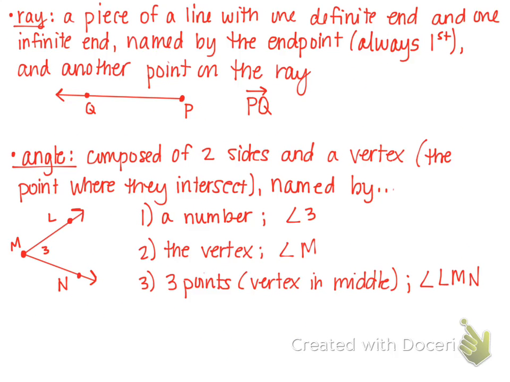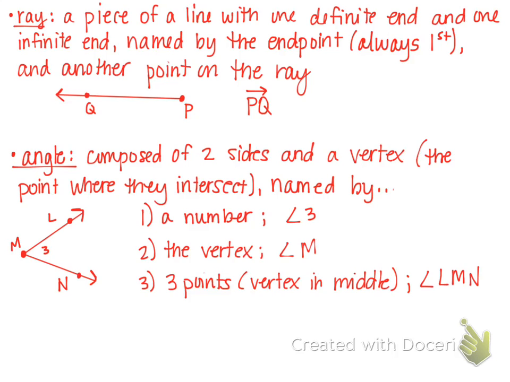The next one we're going to talk about is a ray. A ray is also a piece of a line, but this one actually has 1 definite end and 1 infinite end. So here's the definite end. It means that it actually ends there. And then 1 infinite end means that it goes on and on and on forever to the left. It's named by the endpoint, in which you always put the endpoint first, and another point on the ray, and it doesn't matter what other point you pick.